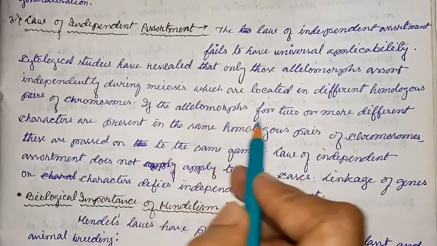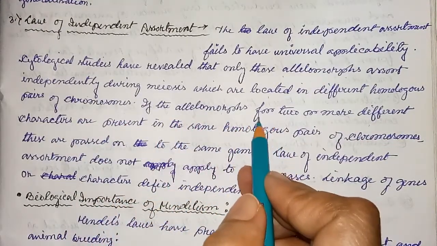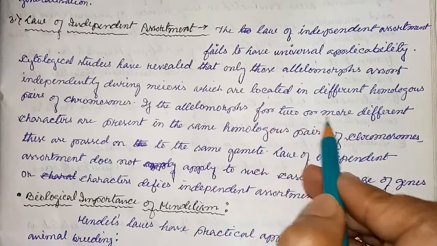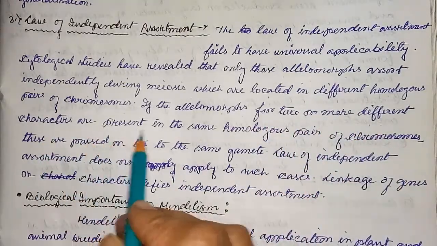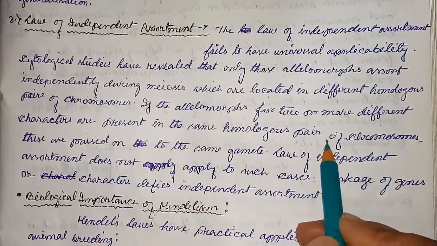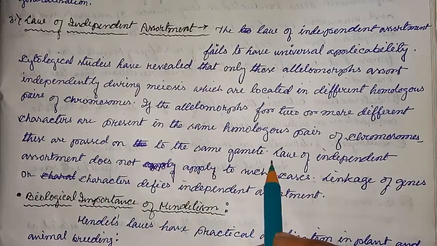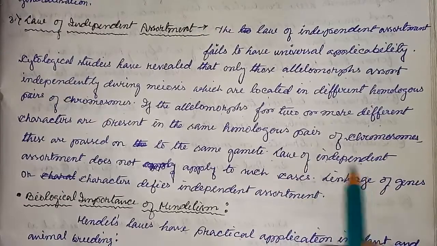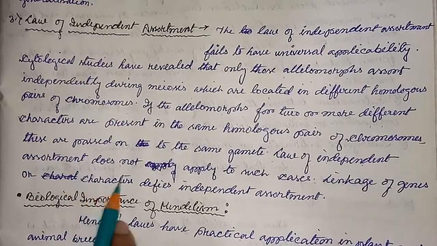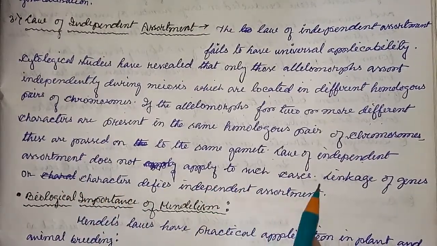If the allelomorphs for two or more different characters are present in the same homologous pair of chromosomes, these are passed on to the same gamete. The law of independent assortment does not apply to such cases.